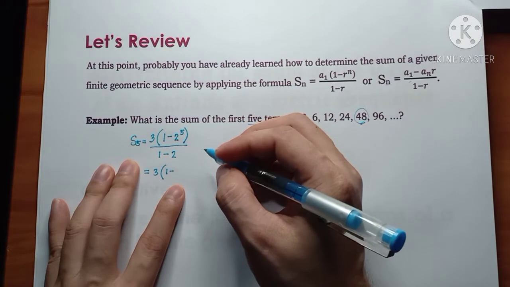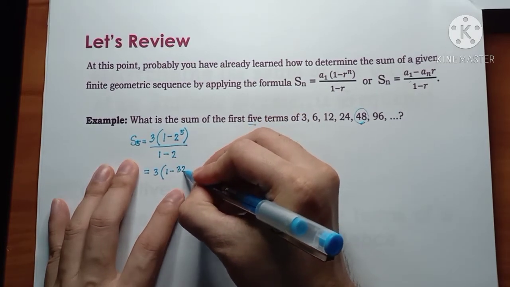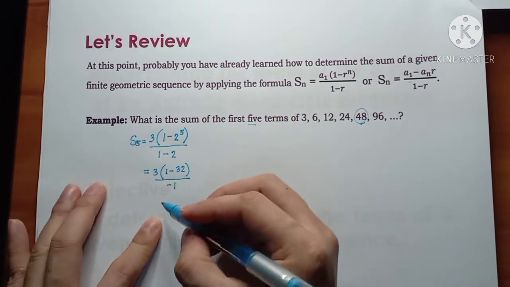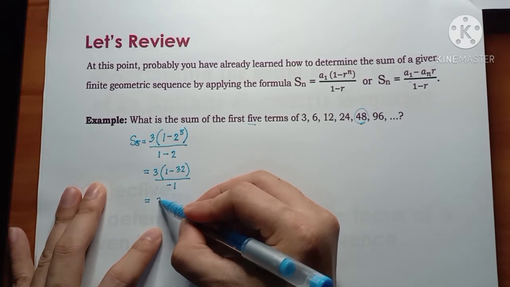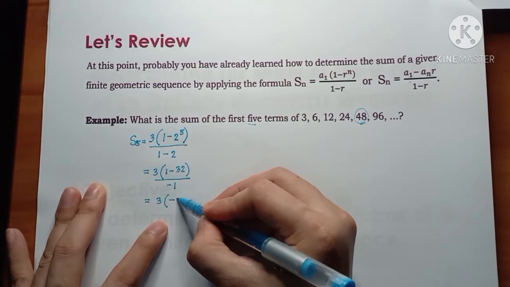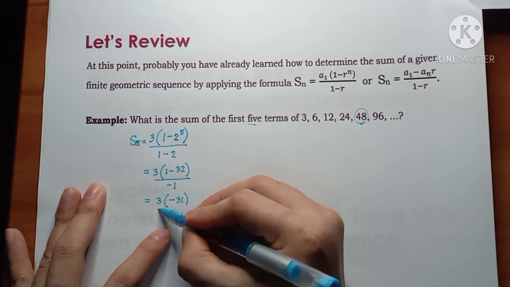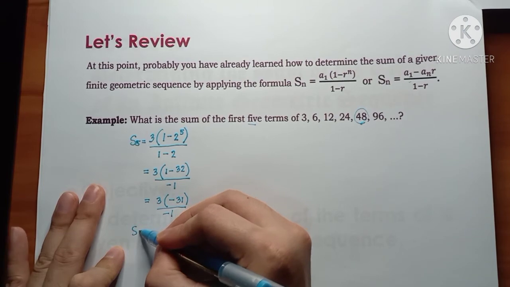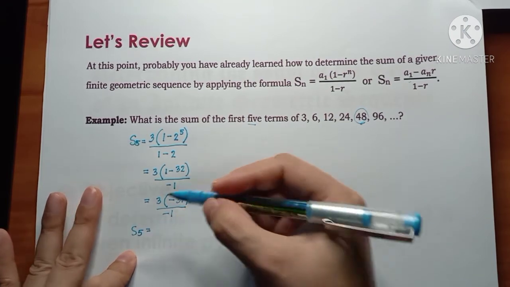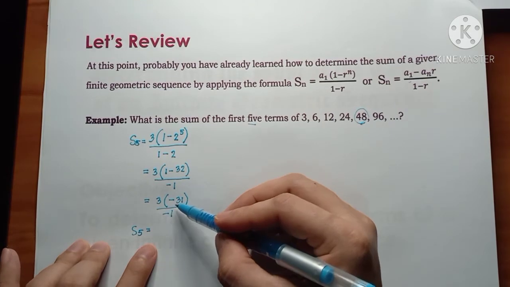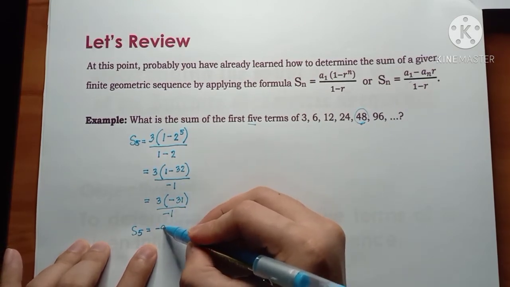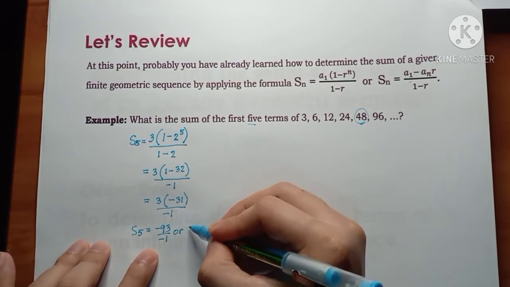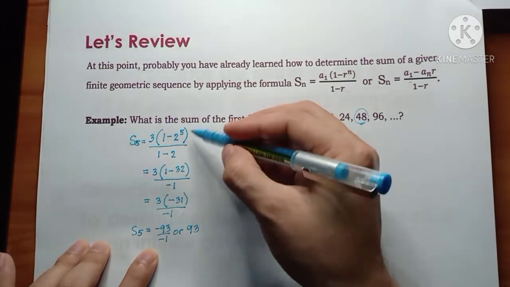So that is 32 and negative 1. So therefore, we have 3 times negative 31 all over negative 1. So ang ating first, the sum of ating first 5 terms ay 3 times negative 31 is negative 93 divided by negative 1 or positive 93. So, pag ito ang gagamitin nating formula.